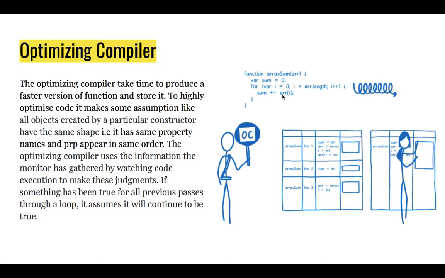But we know that there is never a guarantee with JavaScript for the same types. For this array, the assumptions could be true for 99 iterations, and for the 100th iteration it could become false.